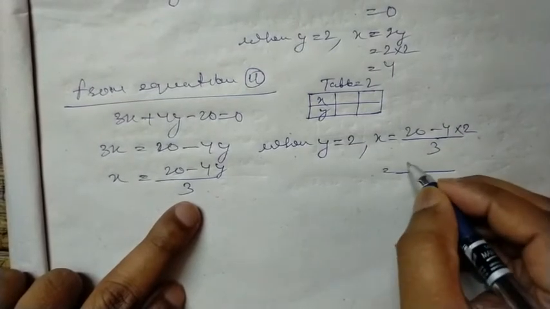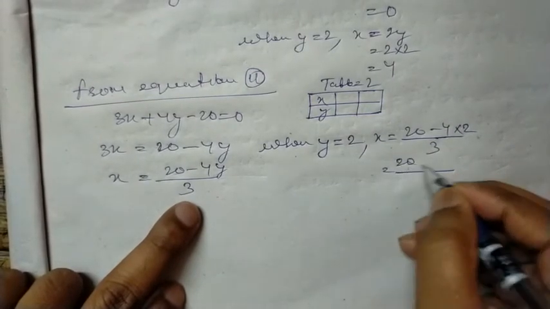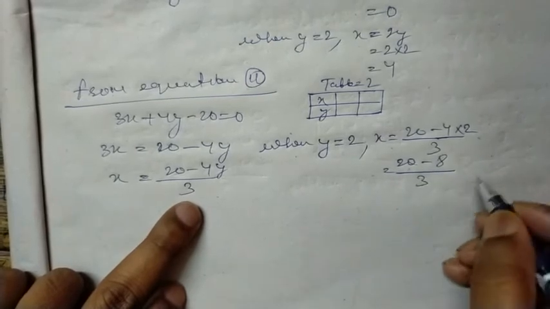So here it will be 20 minus 8, divided by 3.